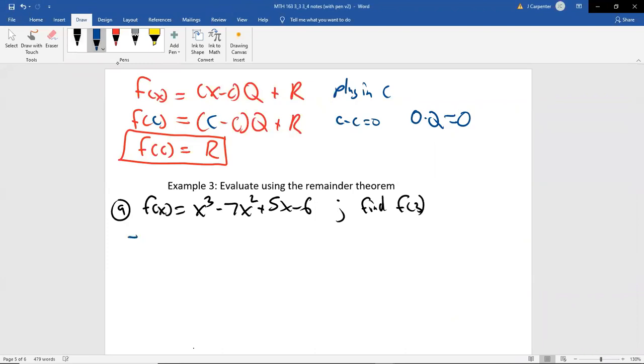So we're going to divide by x minus 3 for synthetic division. So this is the problem that we're doing. We're taking what we originally had and we're dividing it by x minus 3, which is x cubed minus 7x squared plus 5x minus 6 all over x minus 3.